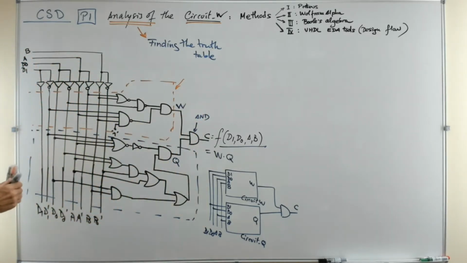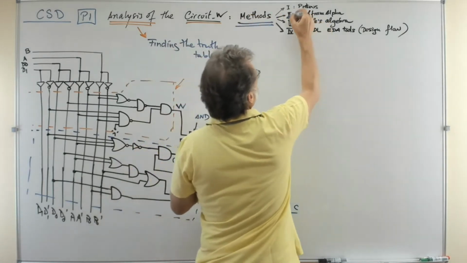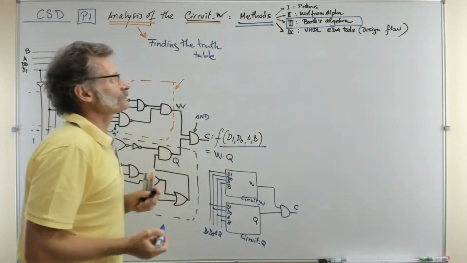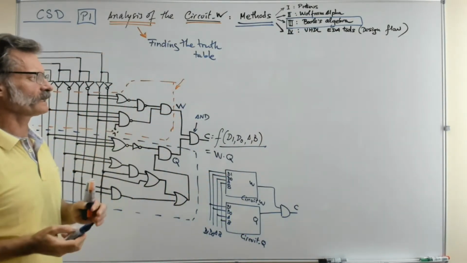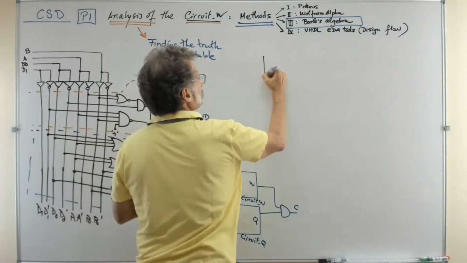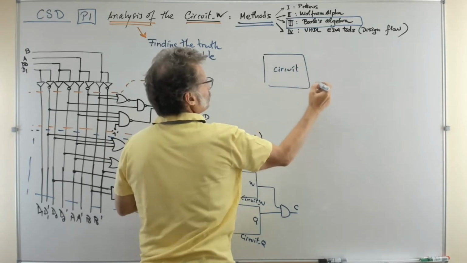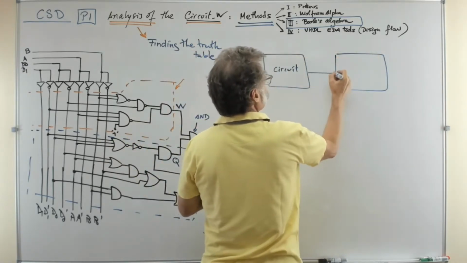So let's just start, because here, for example, we can imagine solving this circuit by means of the method 3, which is the Boole algebra, as I explained you before in the first slide. So what we've got here is the circuit, okay, and then on the side we have the equation.